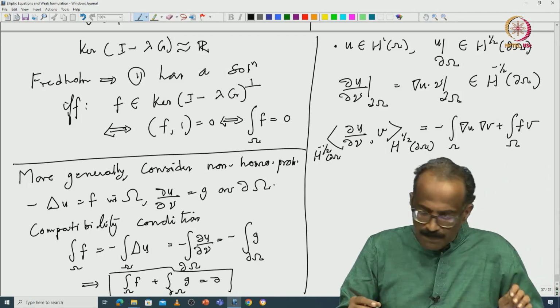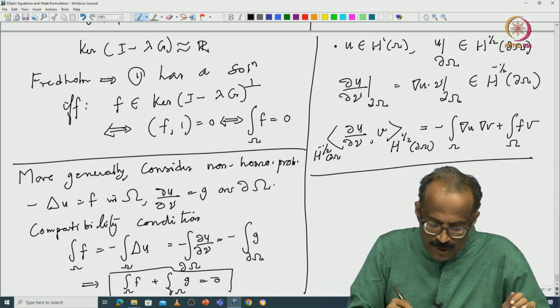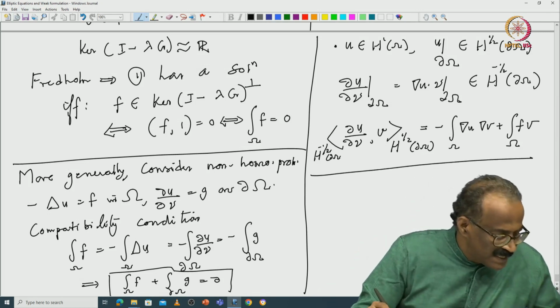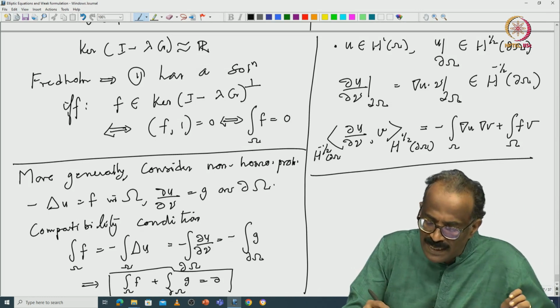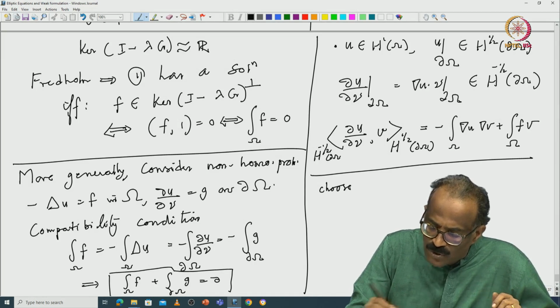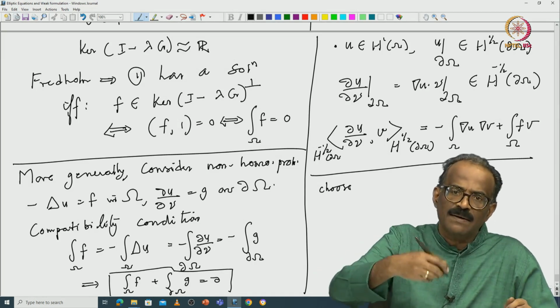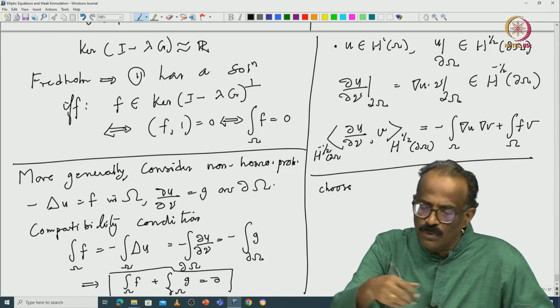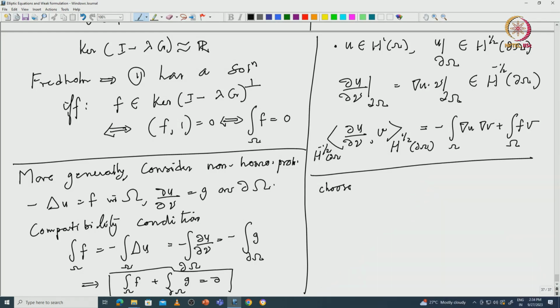So, with that interpretation, if you have g in H^{1/2}, you choose ū. This is the way you do it. These are all exercises you have to work out, looking into various details. You have to choose ū in H^1.